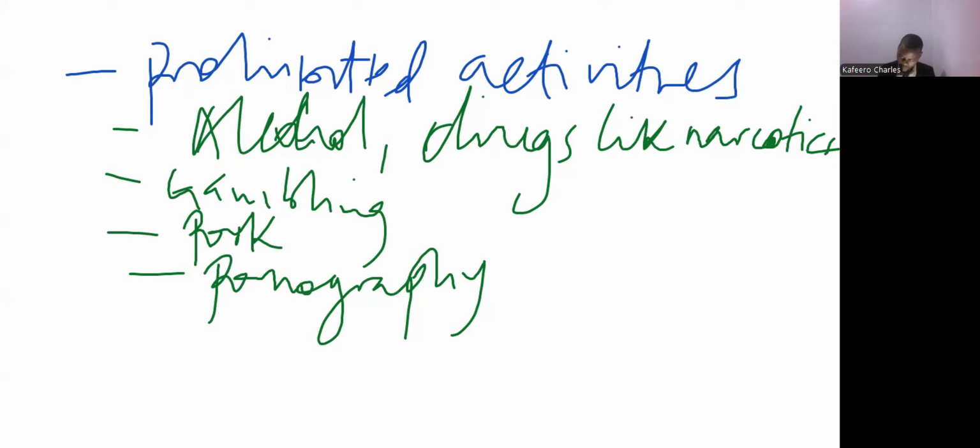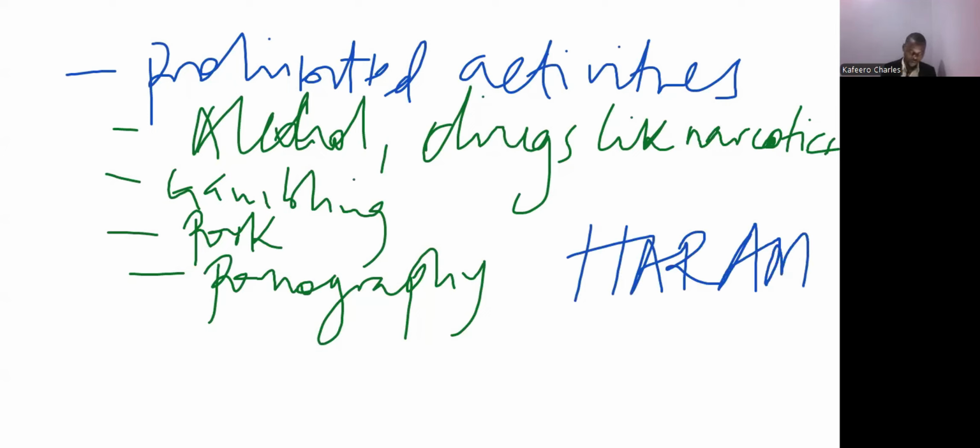So that's one way. And these prohibited activities, they call them haram. That money came from drugs, money came from gambling, money came from operating pork joints, pornography, alcohol. So they call that money haram, because it came from the prohibited activities. So haram is just an Islamic word.